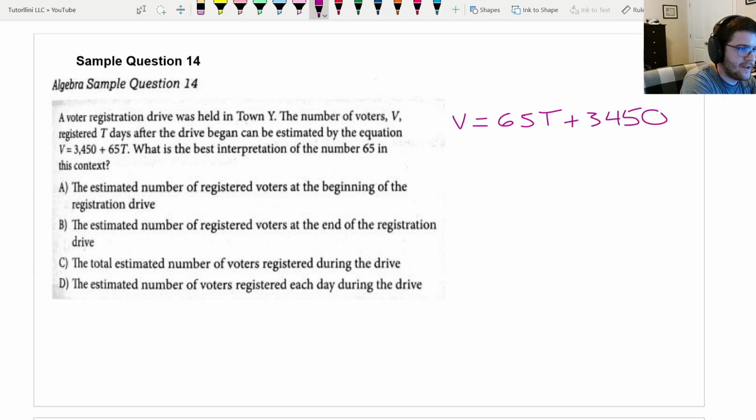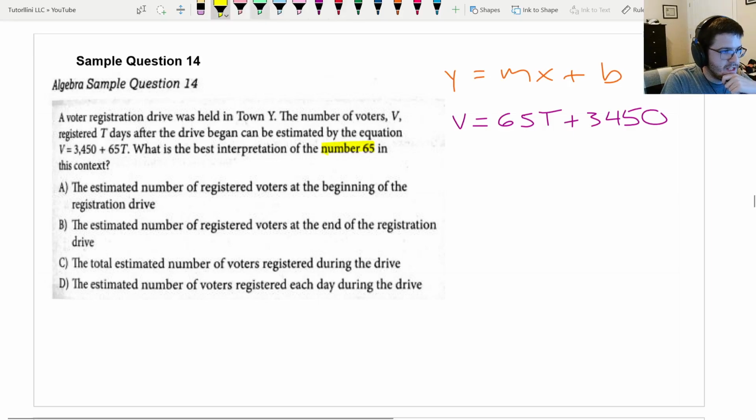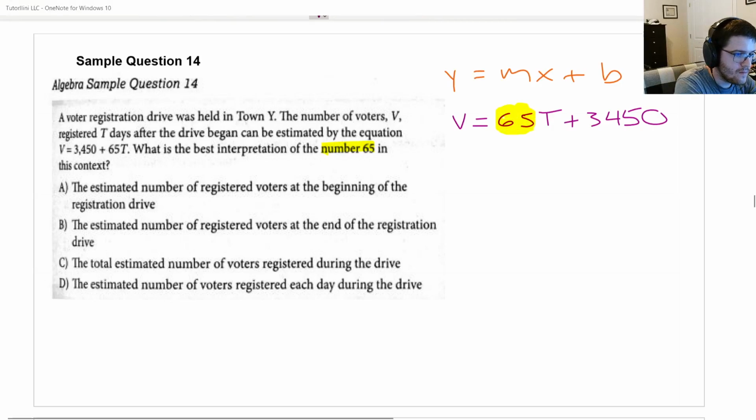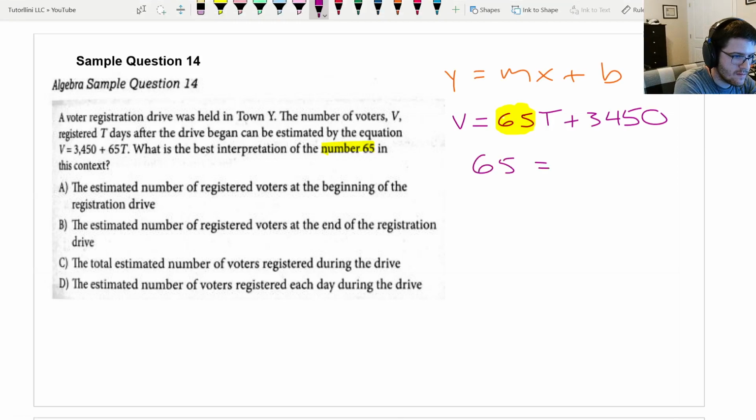And we're comparing that to y equals mx plus b. And you can see the question is asking us about 65. So 65 is the slope, or m.